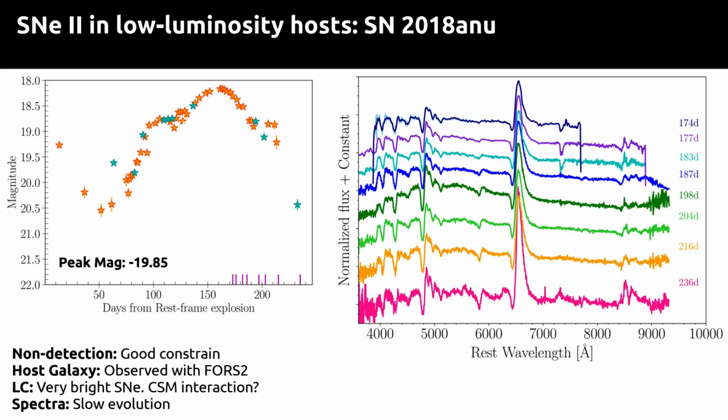So something weird is happening in this object that has a very slow evolution. Here we have the light curve with NOT, this is just with ATLAS, and we also have the image of the host galaxy and the spectra.